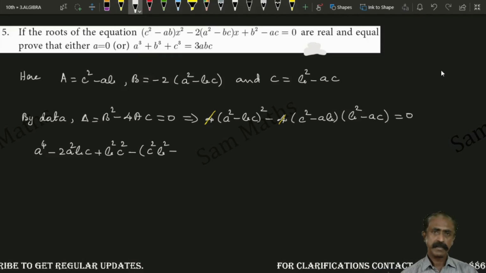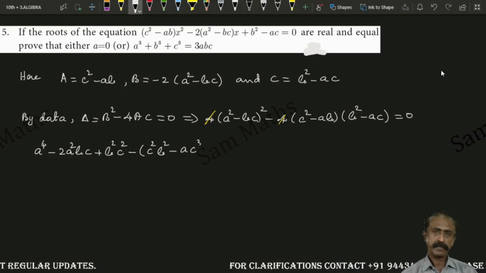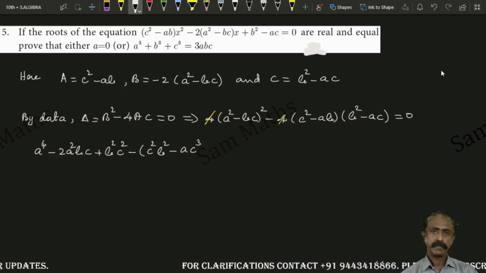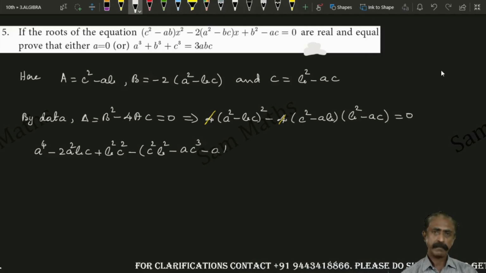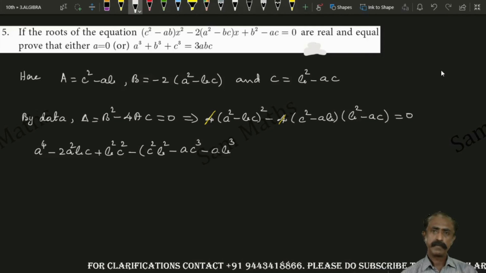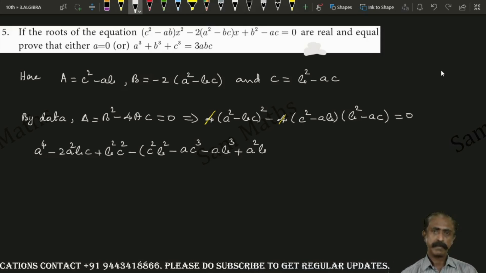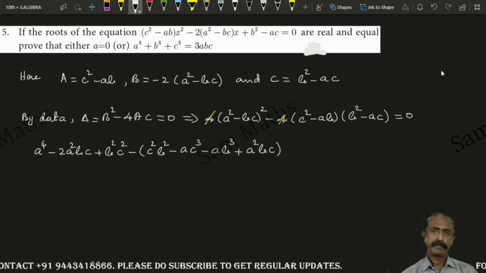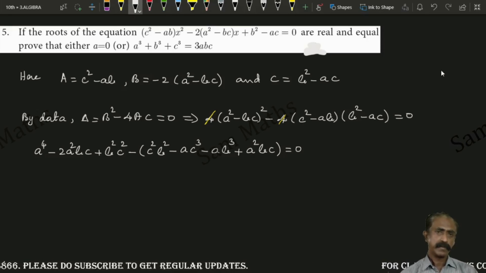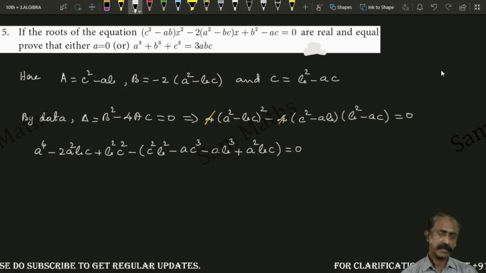minus a c cube, minus a b cube, minus and minus plus a square bc, equal to 0. Here we can write the terms again.